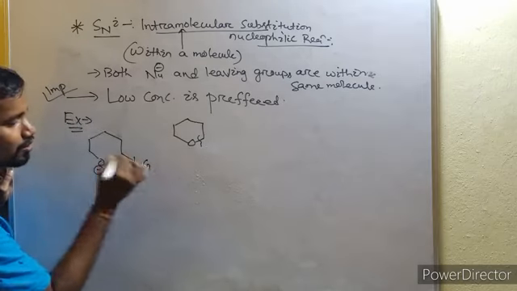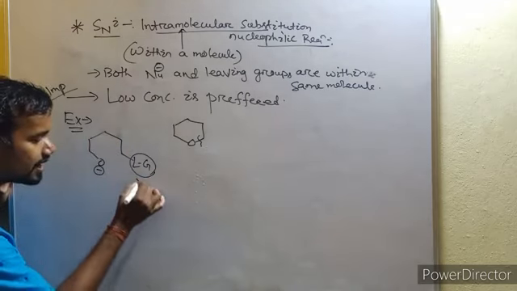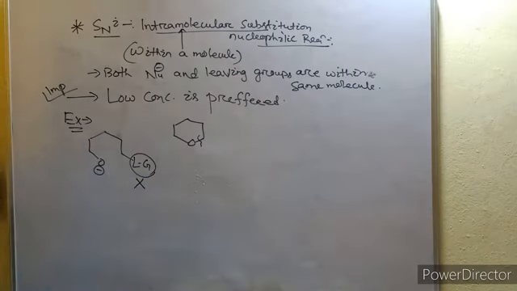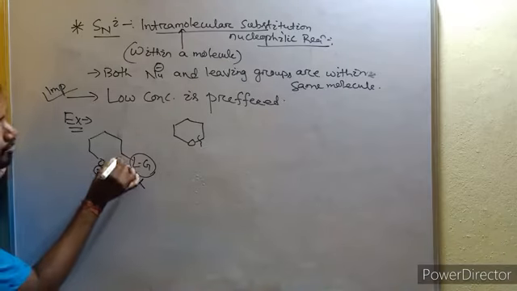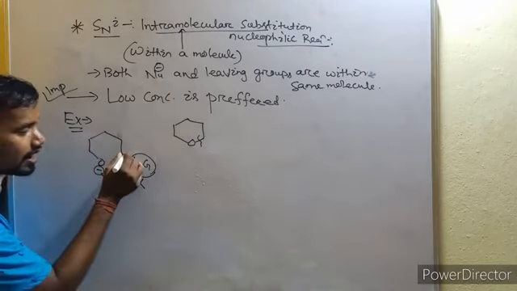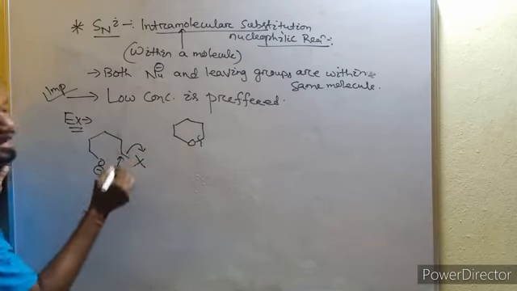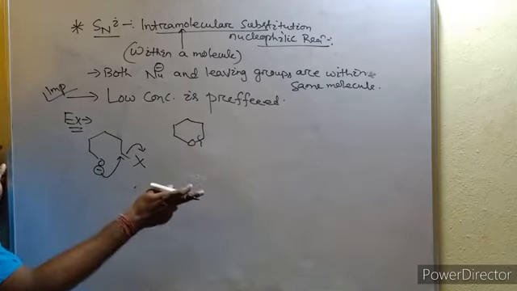Okay, leaving group. What are the best leaving groups? This is the alkyl halide chapter. You can take X as the leaving group, halogen. Okay, so here O minus will attack at this center and the leaving group X, put X here, X will go as X minus.